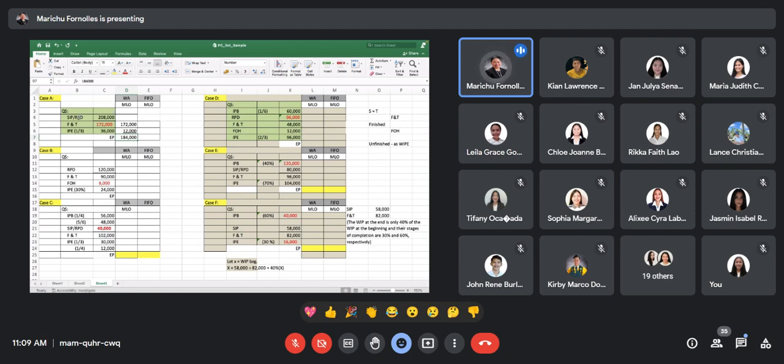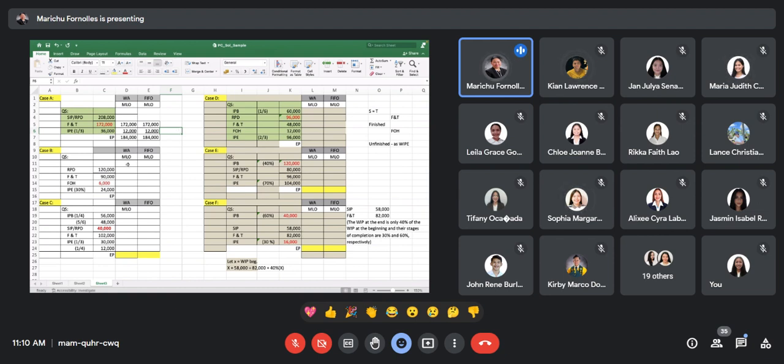We don't have IPB in the quantity schedule. That is why your EP under first in, first out will be the same as the EP under weighted average method. So is that understood?